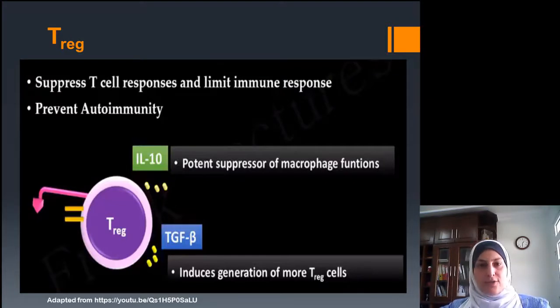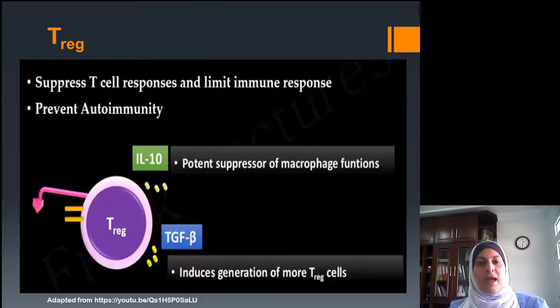Please do not go into Th2 to produce interleukin-4, 5, and 13. Please do not go into Th17. We want to regulate or reduce the infection. So now it will differentiate into T regulatory, which will produce an even higher amount of interleukin-10, a potent suppressor of the inflammatory response.